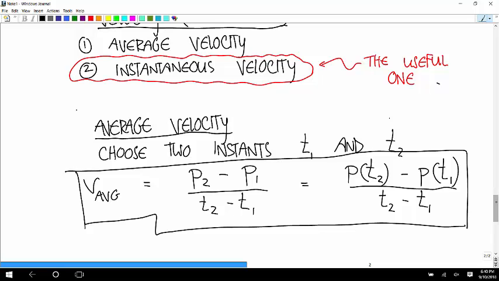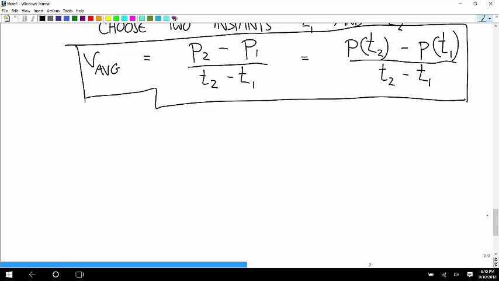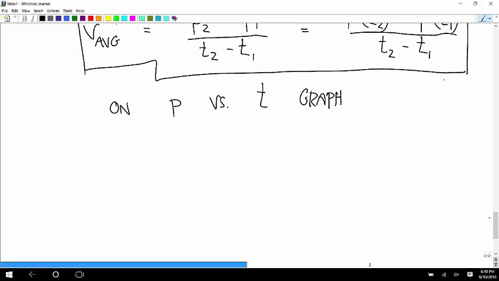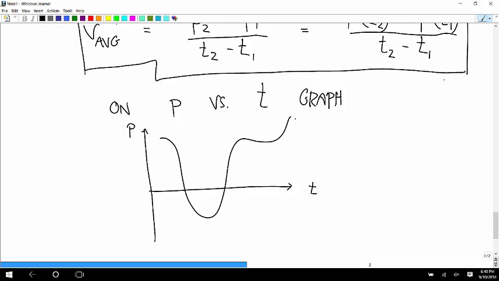Okay, and on a position versus time graph, let's think about what this means. So you have time on the horizontal axis, position on the vertical axis, and let's say that the graph you're looking at is something like that. Okay.